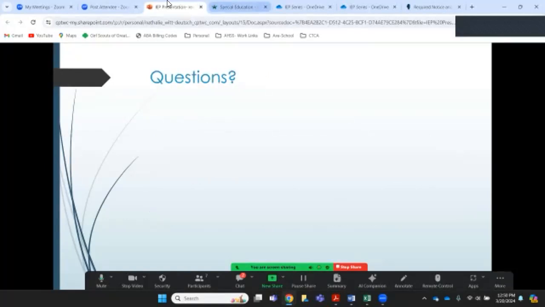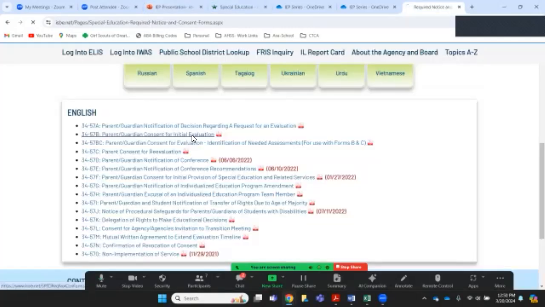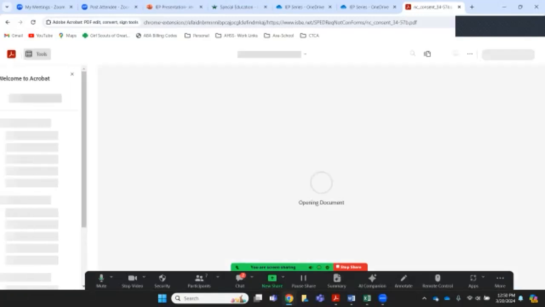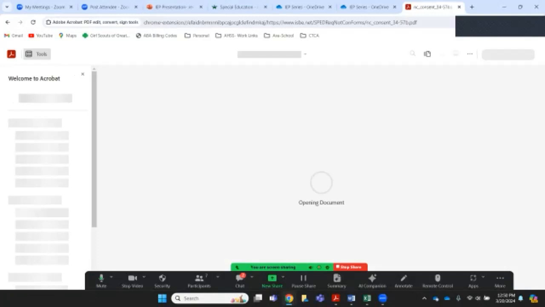Okay, one thing before I get to some questions, I want to direct your attention to ISB's page. This is the notice and consent form. I just wanted to go through and show you what a consent looks like, if the internet will work, just so you have an idea of what you're going to be asking to be signed to provide that initial consent for things.